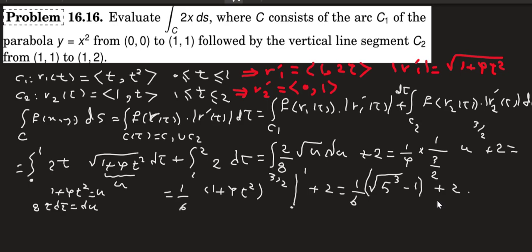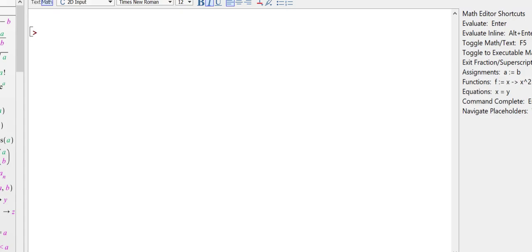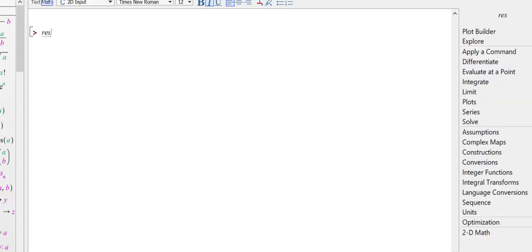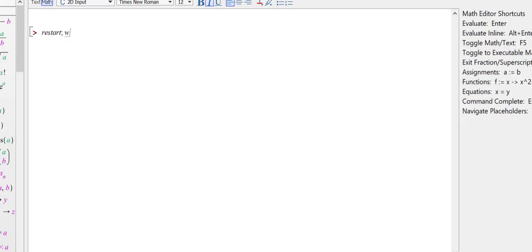Let's go into Maple and compute. For Maple software for a scalar function, if we want to get the line integral, first we write restart to clean the other problems before we run. Now we start with students, and then we define the line integral.